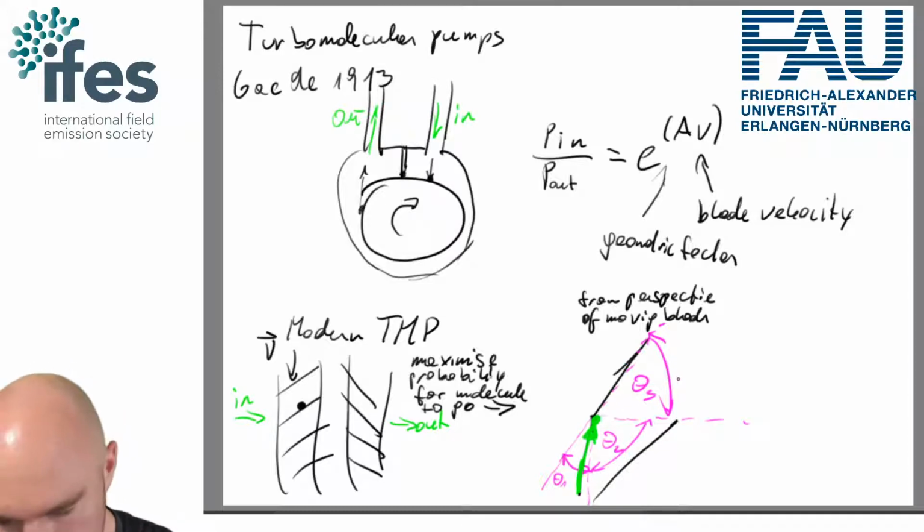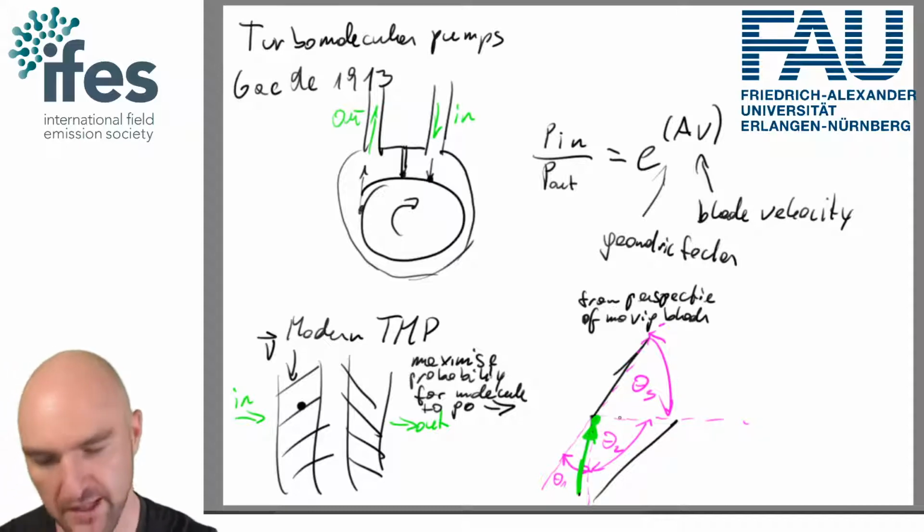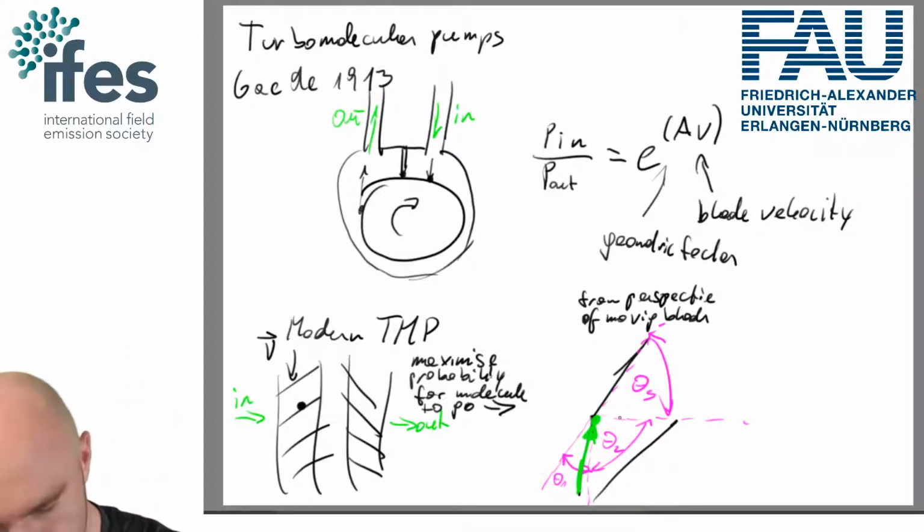And this is essentially the way to get them to move to the right. And if you do an entire balance, so this is for the incident side.